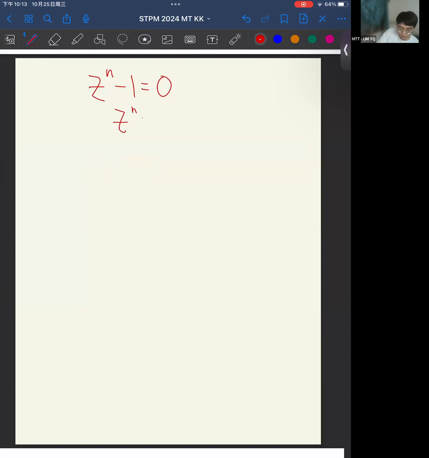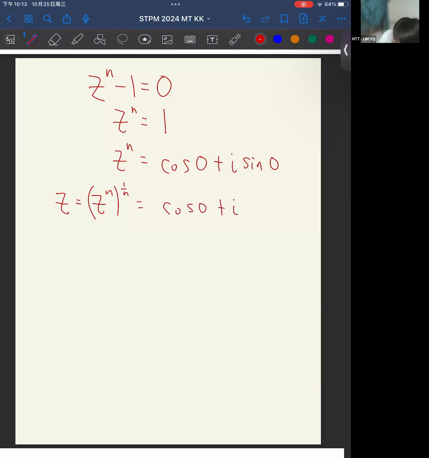So normally you will do like this, right? Make it 1, and then by using the polar form of 1, it is cos 0 plus i sin 0. Here is z^n, so you want to find the n roots. You take both sides to the power 1 over n. So your z is z^n to the power 1 over n, meaning 1 over n.